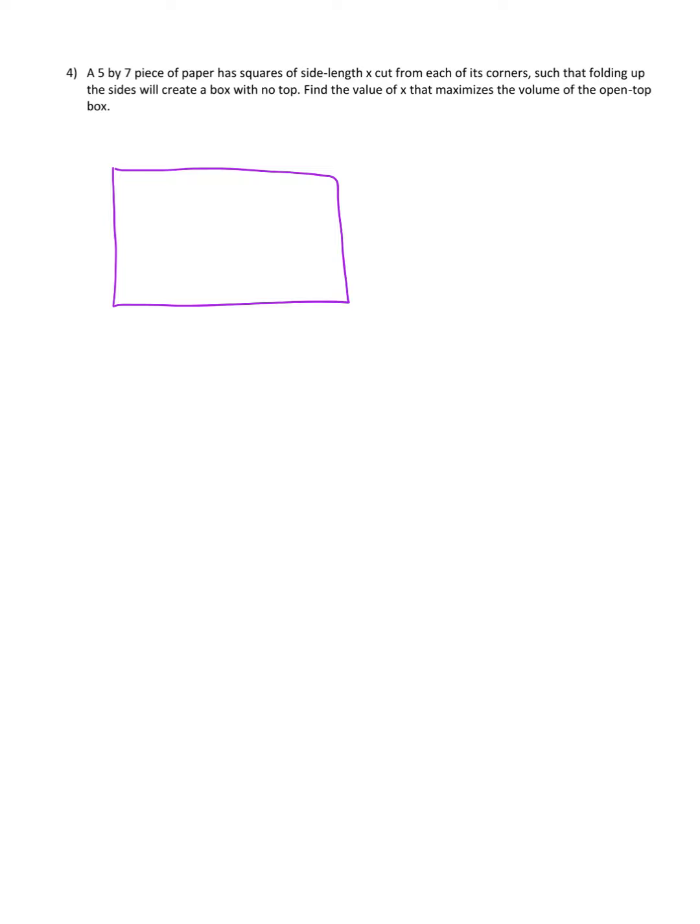Okay. 5 by 7. And we're going to cut a little square out of each corner. Okay, so we're cutting those out. After we make the cuts, I'm going to erase the bit that's gone.